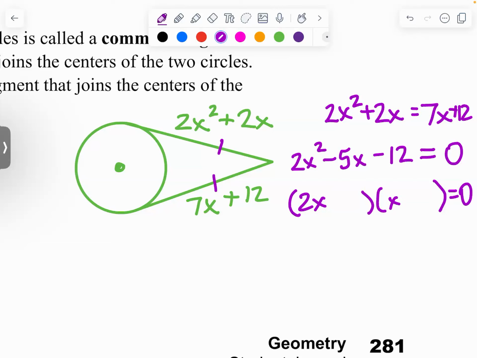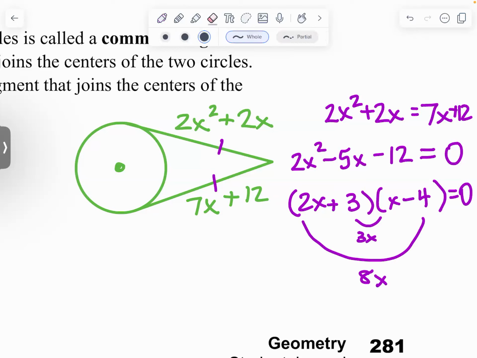No. So I would definitely start with 3 and 4 to get to 12, right? So if I put 3 here and 4 here, this is 3x. This is 8x. So we would need that, right? Would that do it for us? Negative 8x and 3x add up to negative 5x.